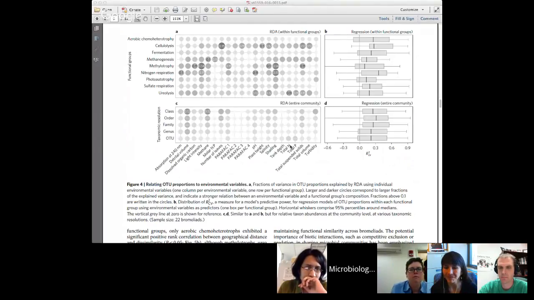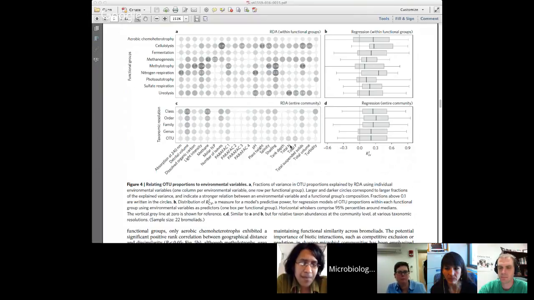Yeah, and on the heels of talking about the geographic distance, with the little bit of time that we've got left, I didn't want to go completely skipping figure 4. Their whole goal here was to start to think about the processes that are shaping this. And so they mention environmental filtering, and they mention what are the roles of neutral processes versus non-neutral processes, biotic interactions, demographic shift, and so forth.